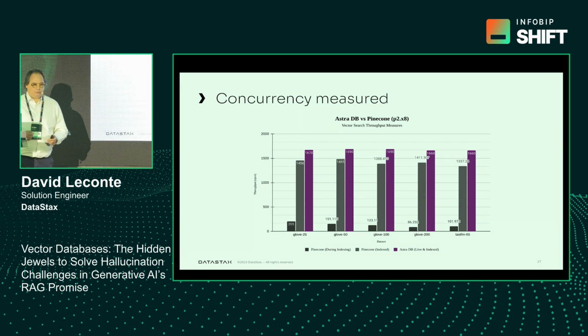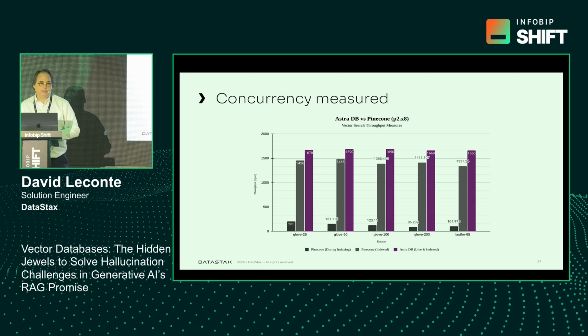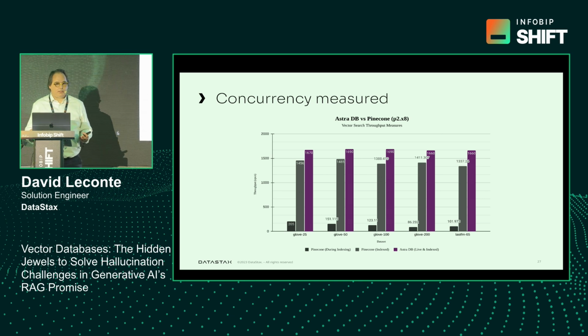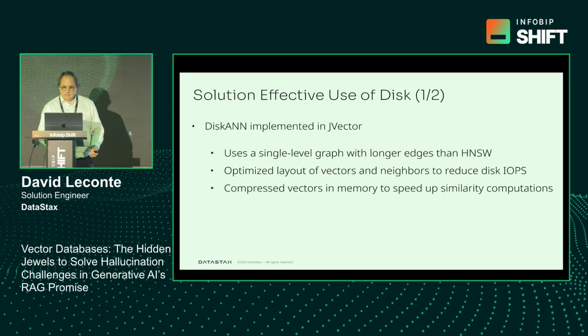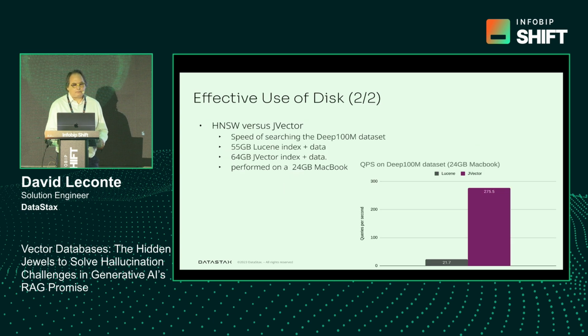But OK, you will say, what if I gain in performance, in latency, but I am losing accuracy? I mean, nothing in Gen AI. We cannot sacrifice accuracy for performance. And this is what DiskANN deals with. So we are optimizing the reads on disks, and we compare. We have very high performances.